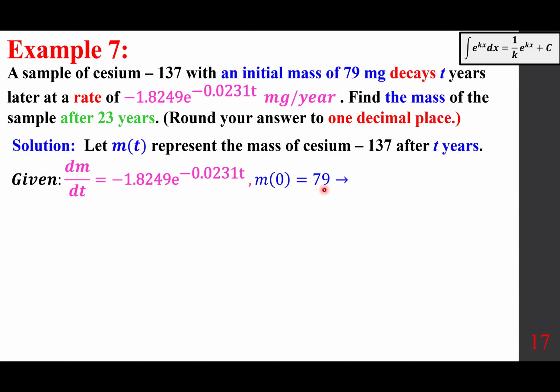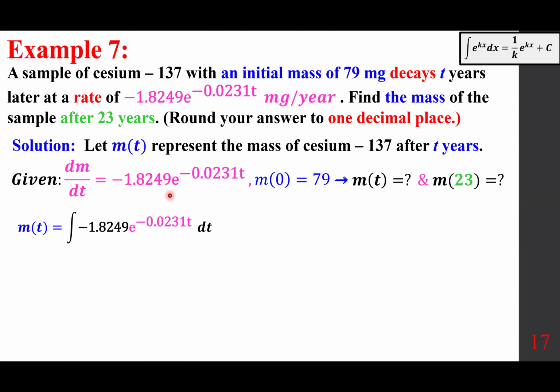So we are going to find m of t and then replace the t with 23. So m of t is the integral of this times dt. In other words, you integrate dm becomes m of t, you integrate this one times dt.